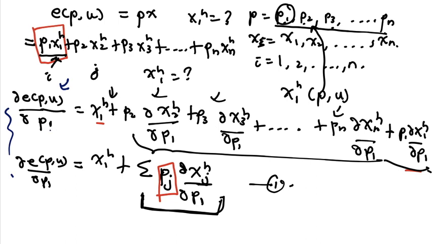It is not with respect to good one, it is with respect to P1, the price of good one. The writing is correct, but the way I mentioned it last time was not. The correct way is differentiation of the expenditure function with respect to the price of good one. This is the correction to the explanation of the proof of the Slutsky equation.